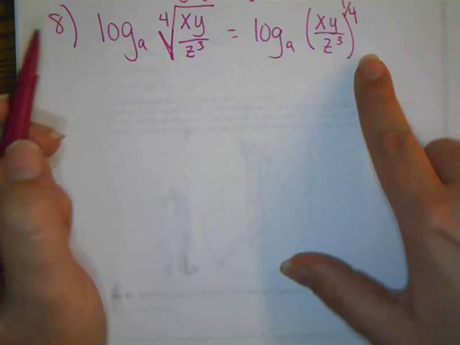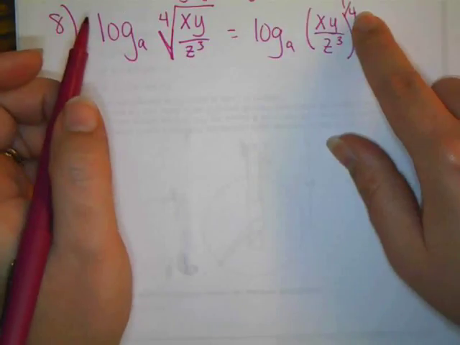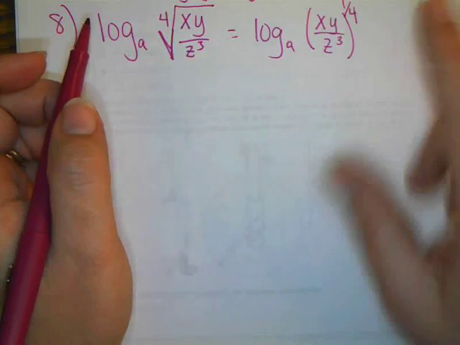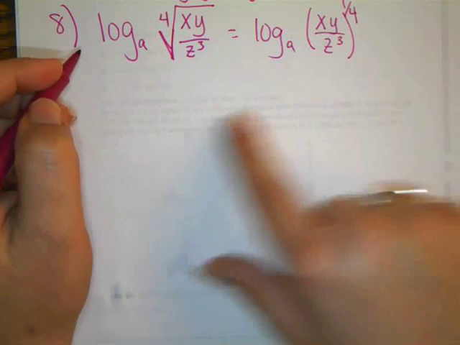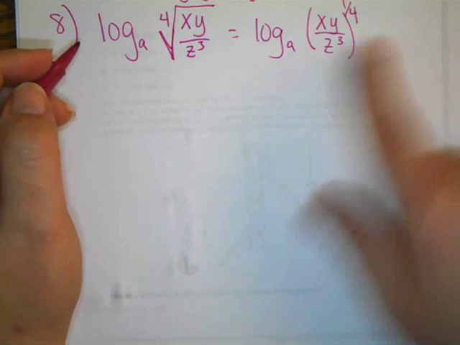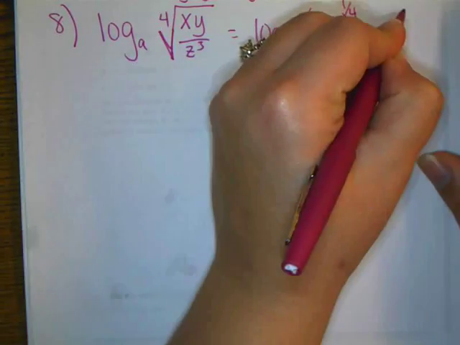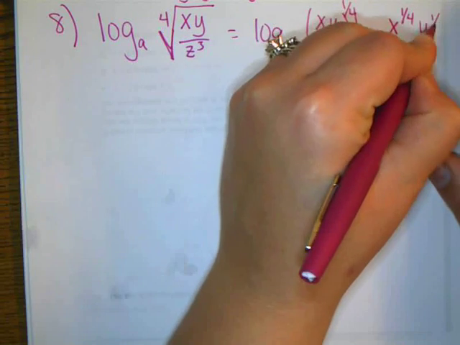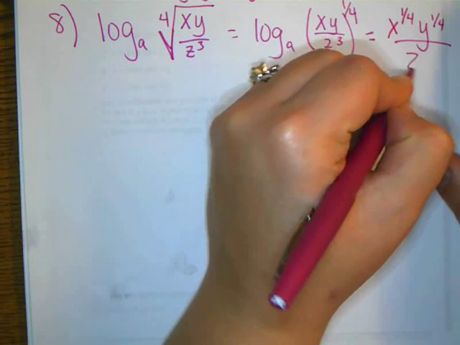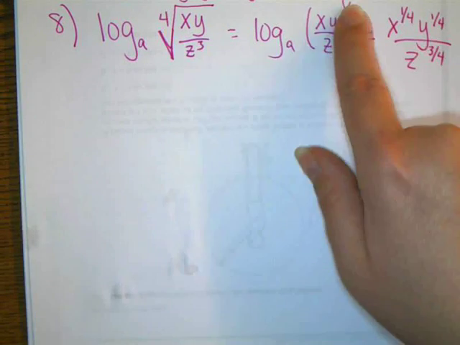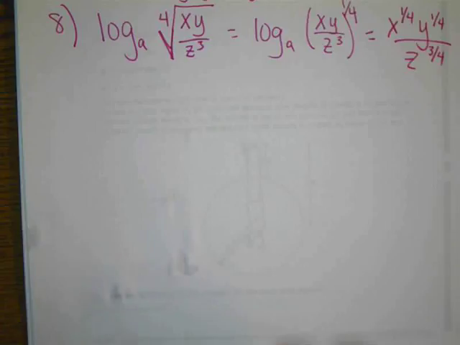And from here you have a couple choices. You could go through and distribute the 1/4 to all the terms, or you could leave 1/4 out in front of the log and then split it all up and then distribute. I do think it's easier to just change this to x to the 1/4, y to the 1/4 over z to the 3/4. I just distributed the 1/4 to all the terms.